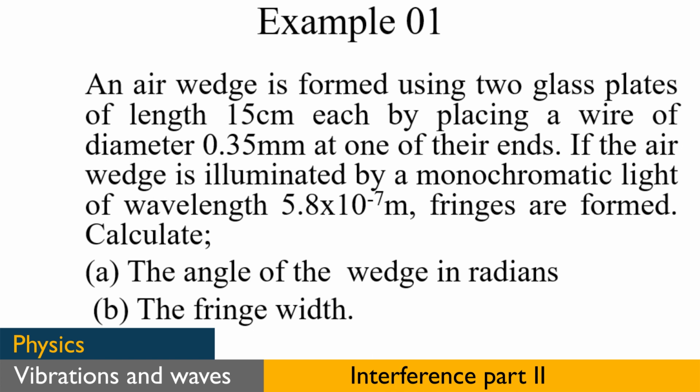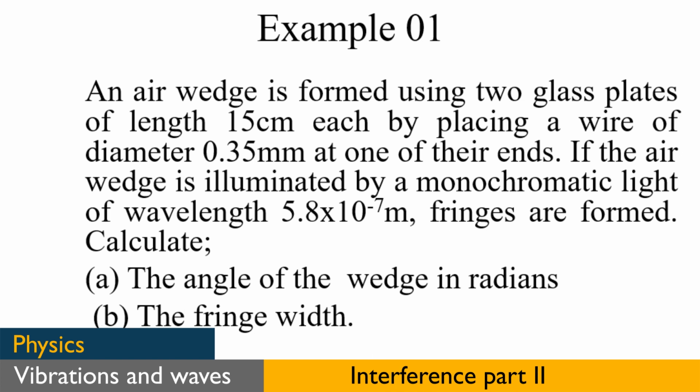Mind you, when you have the wire in between them, the length from the top surface of the plate, that length in between, is sometimes called the thickness of the material.